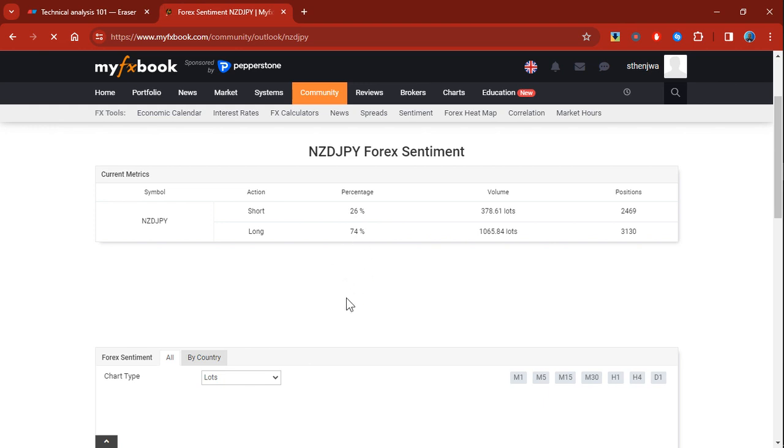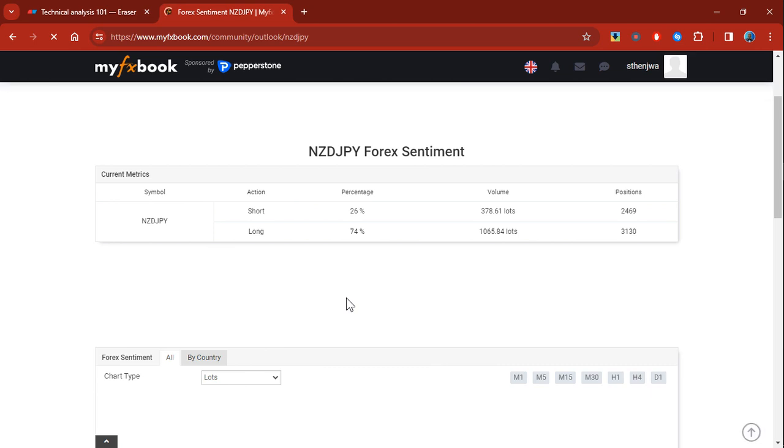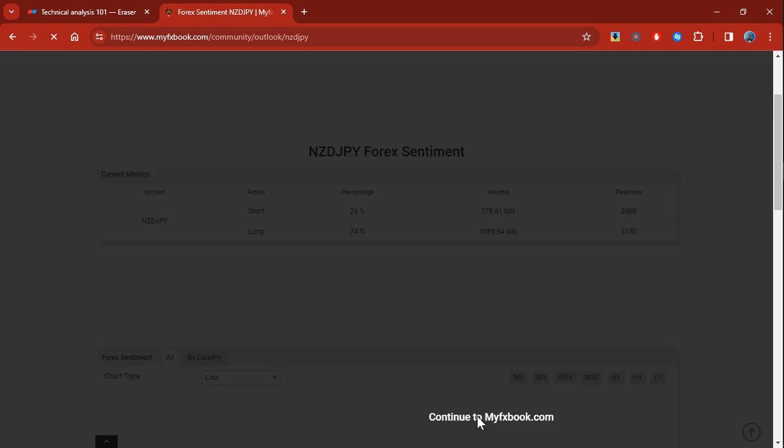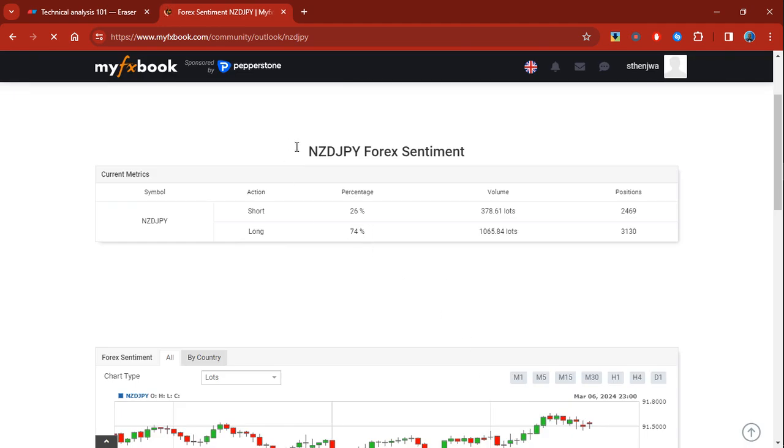Like you saw, I even said it's still around my entry, but of course I'll be holding. Why? Because the broker is paying me a positive interest for holding the position, right? So I will be holding, but I'm not anticipating the trade to move in my direction yet, because the majority is also buying, right?